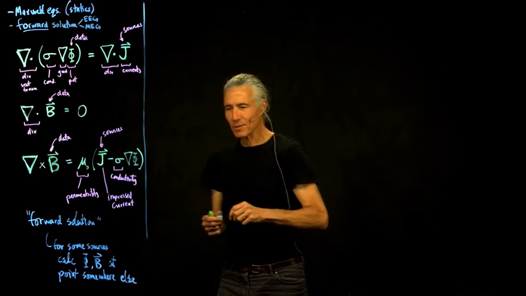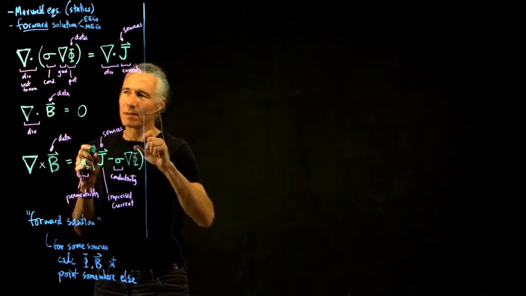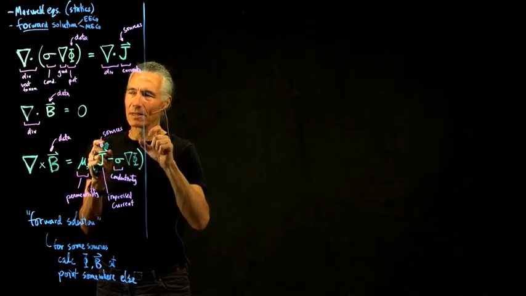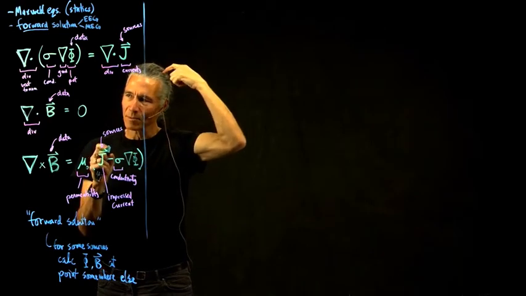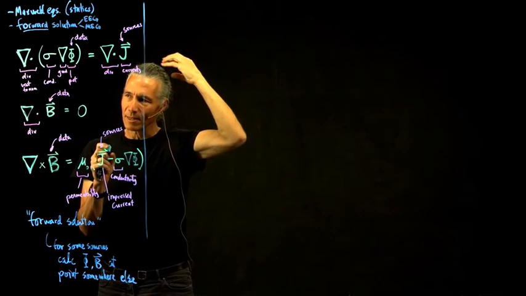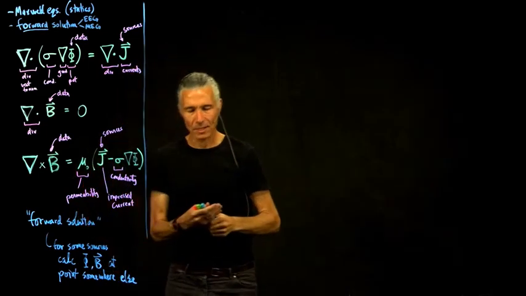So you've got some sources somewhere in the brain, little current dipoles, and we'll talk about a dipole. We'll start off with a single source, and then what you want to calculate is the potential over here at this scalp electrode, and the magnetic field vector at that scalp position.